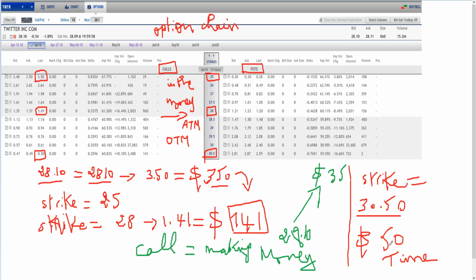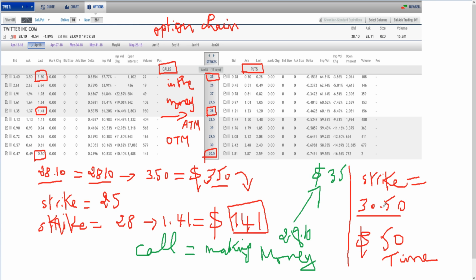Even if you buy at $50, the strike $30.50, which is the strike. Now this, it is in the future, because now Twitter is only at 28.10. Okay? And you are buying 30.